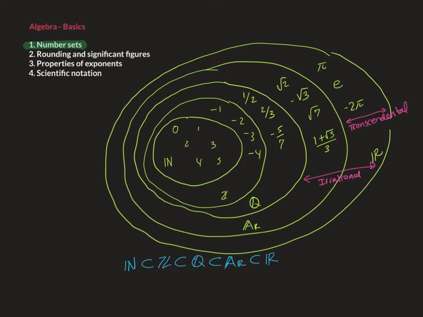Now we are going to extend this set of numbers beyond the real number set in following topics, where we are going to expand this until we have the complex set of numbers.